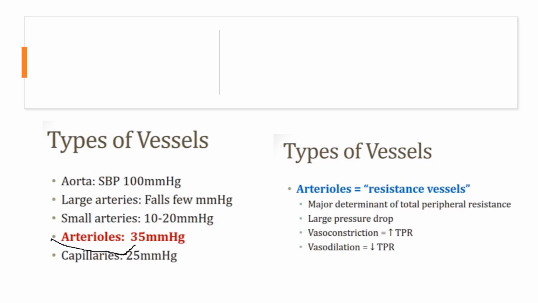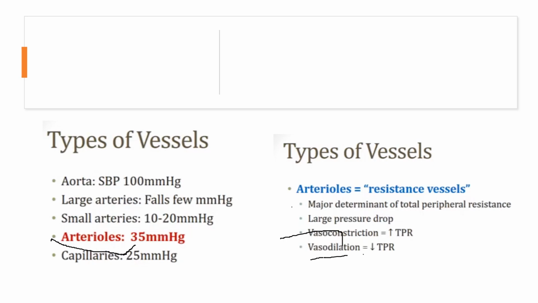Arterioles are also called resistance vessels, and they are a major determinant of the total peripheral resistance. As I told you, there is a high pressure drop in the arterioles, and vasoconstriction increases the TPR, the total peripheral resistance, and vasodilation causes a decrease in the TPR.